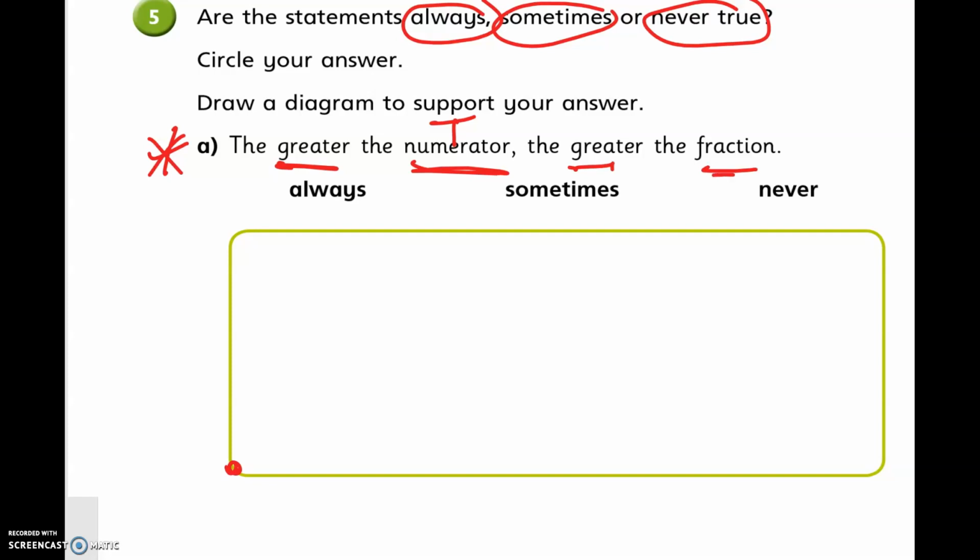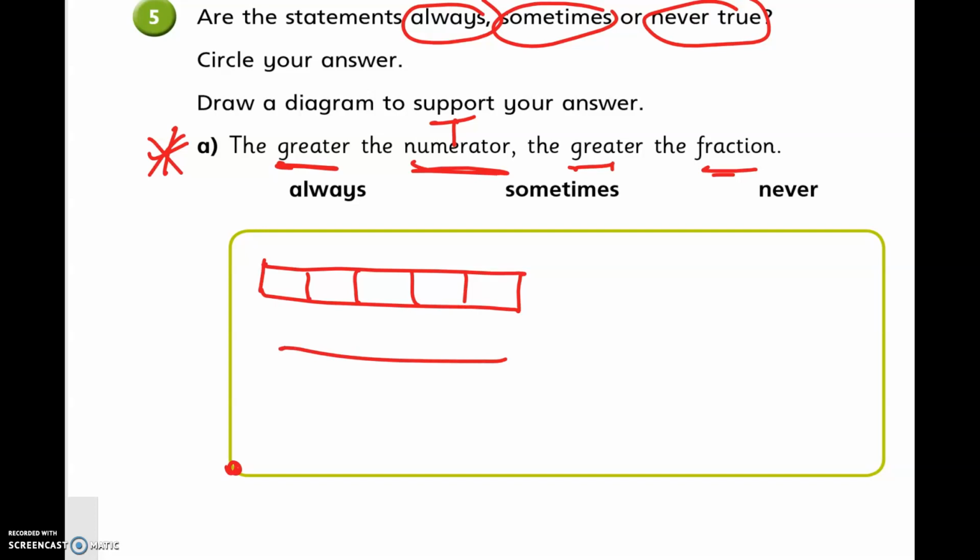Okay, so let's do a little diagram just to demonstrate what we could find out. So it says draw a diagram. So let's try something with a biggish numerator. Now that's, remember, the top number. So let's have a bar of chocolate and we'll divide it into, let's say, 5 pieces.